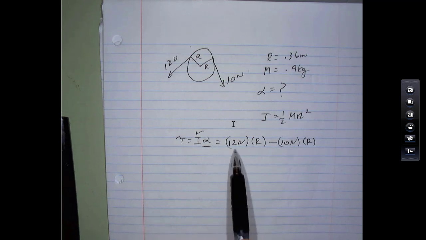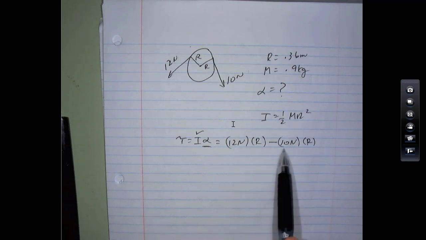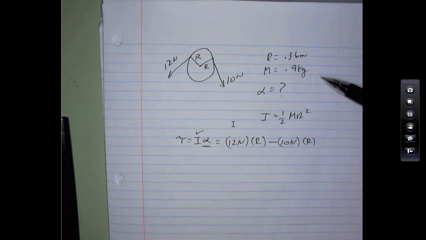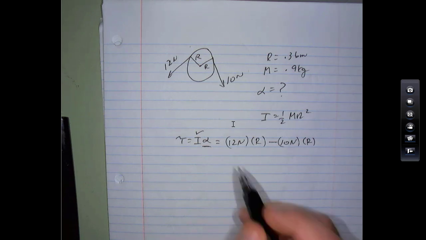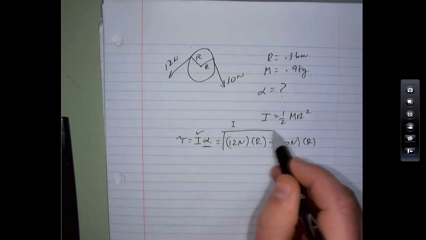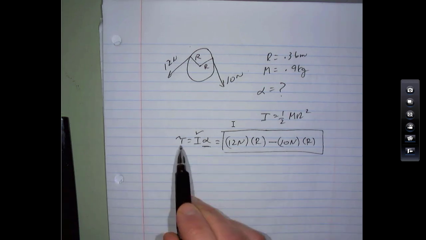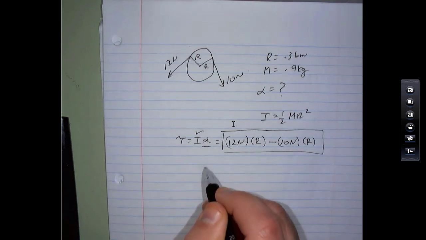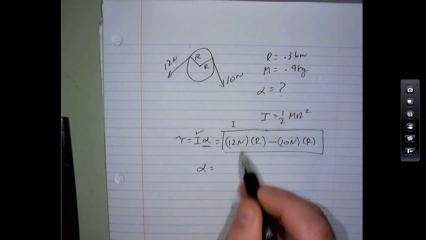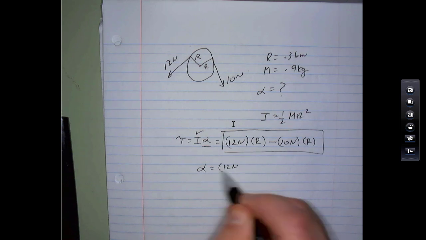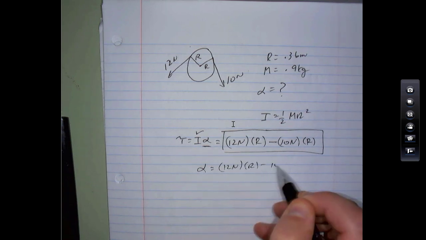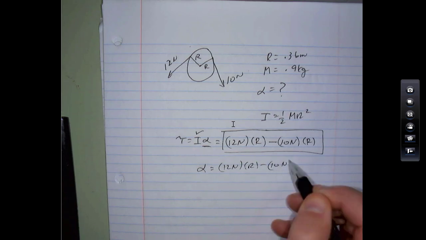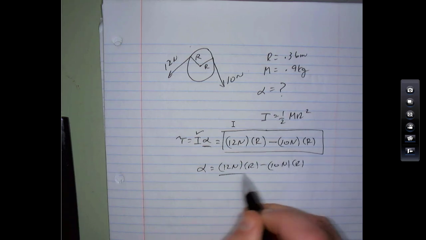So 12 newtons times R minus 10 newtons times R. And R is given in the problem. So you actually do know the net torque. You'll have to calculate it. This is the net torque. So alpha turns out to be this part here, 12 newtons times R minus 10 newtons times R, divided by I.